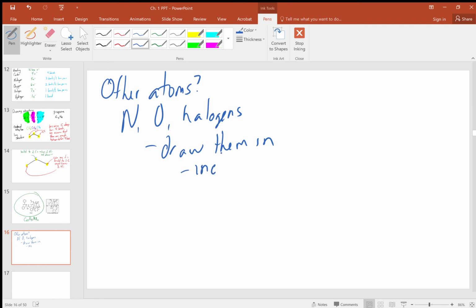And this includes H's that are on non-carbons. So the hydrogens that are on carbons, you can leave out. They don't have to be shown in a line structure. Any other hydrogens do.